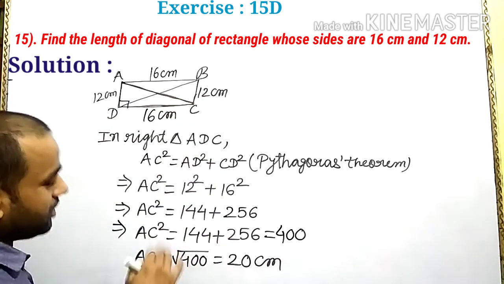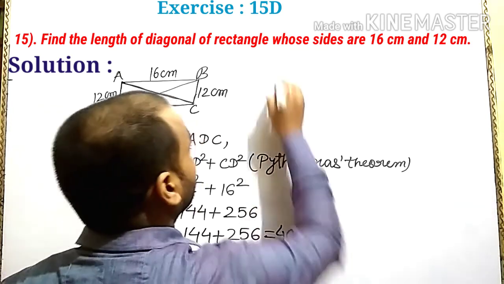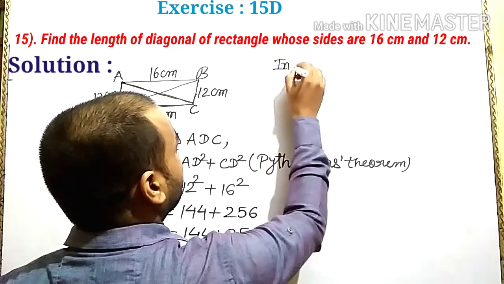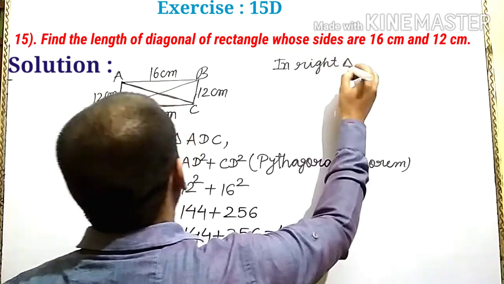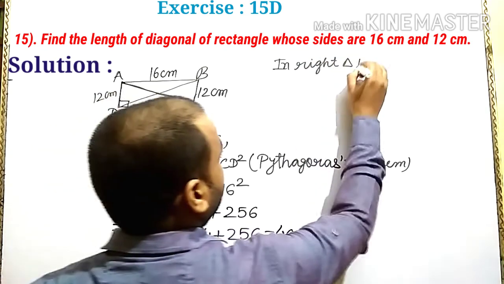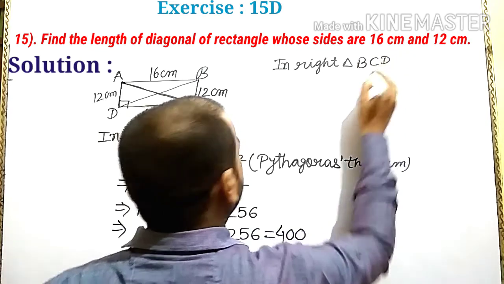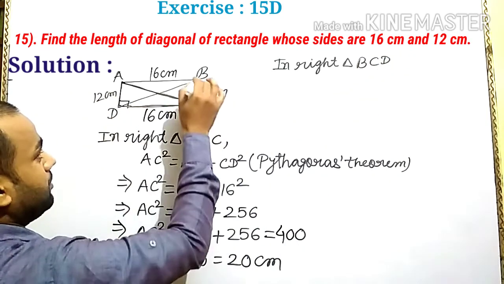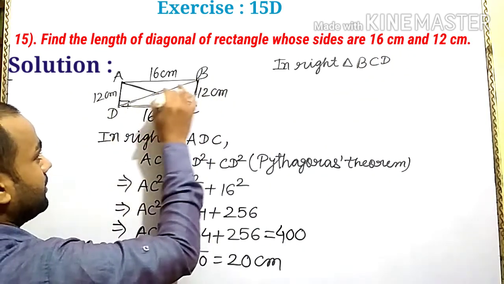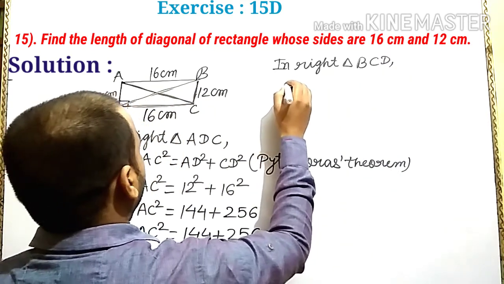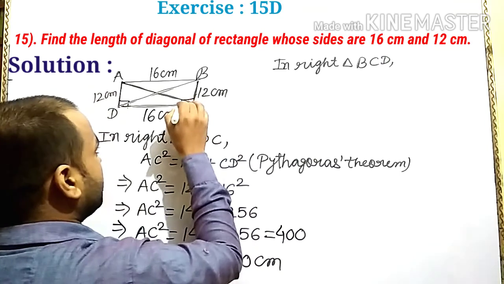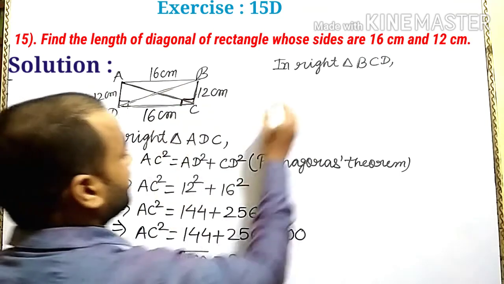For that we take the other right triangle. In right triangle BCD, here angle C is 90 degree, the hypotenuse here is BD.